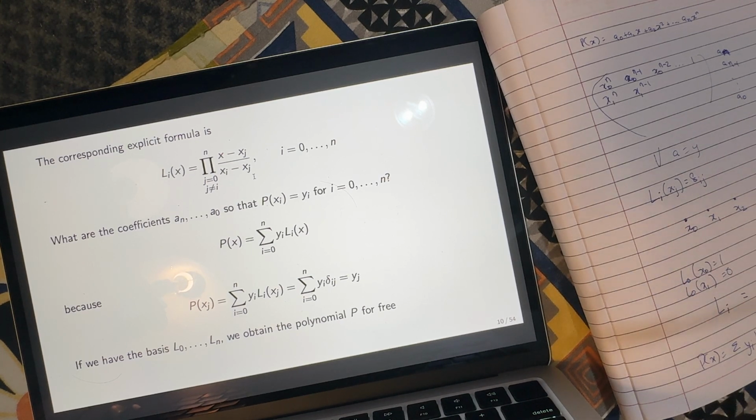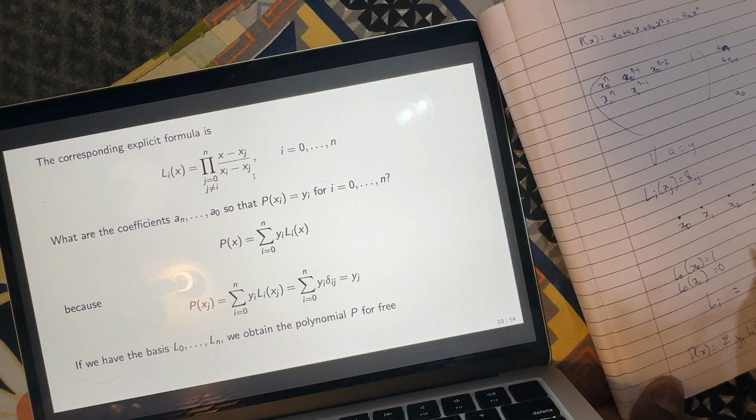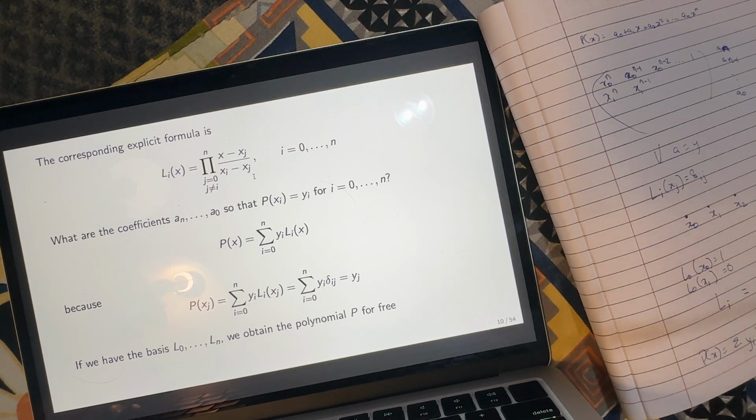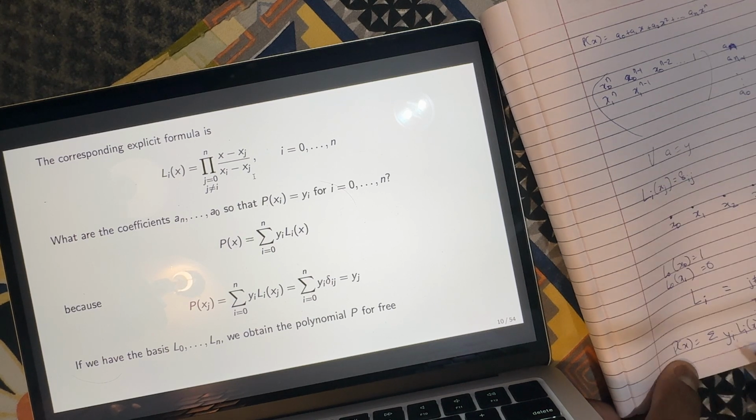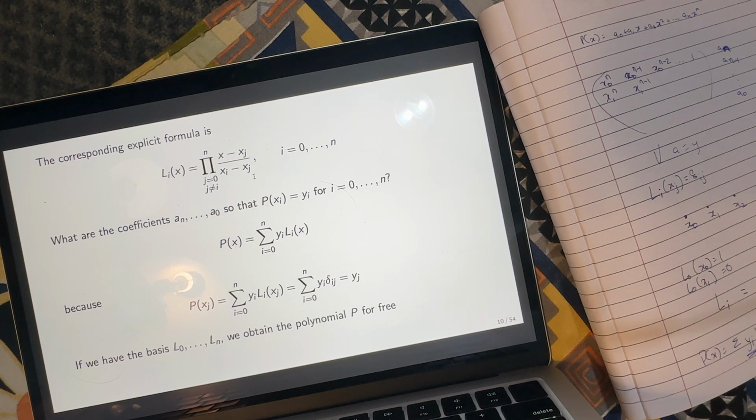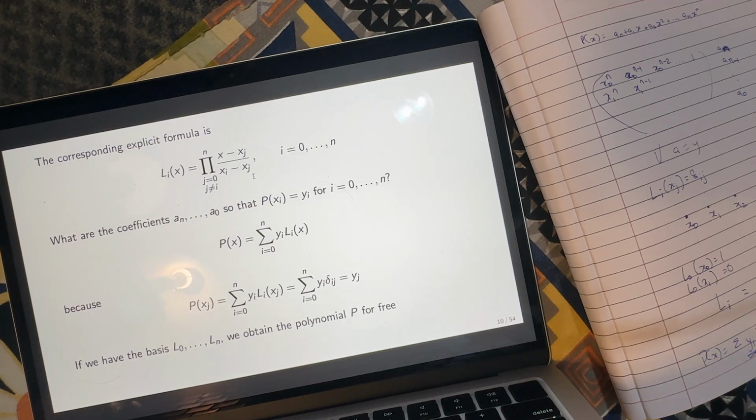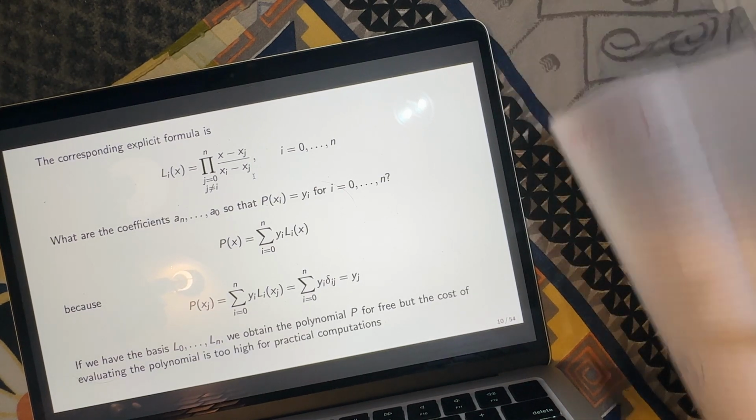P of xj is yj. Cool. So if we have this basis, all we have to do is plug in the values of x and y, and we have the polynomial. Basically you calculate this basis, put in the yi's, and you're done. You have the interpolating polynomial accurately.